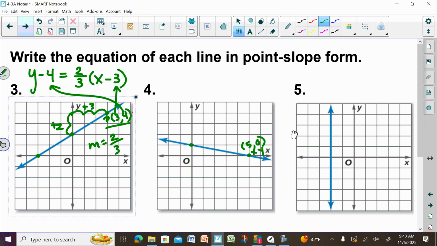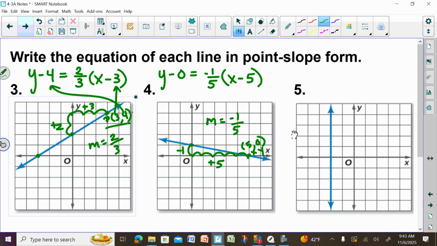And then to count my slope, the line is falling to the right. I went down 1, and then 1, 2, 3, 4, 5 to the right. So my slope is -1/5. So using that information, I get y minus 0 equals -1/5 times the quantity x minus 5.